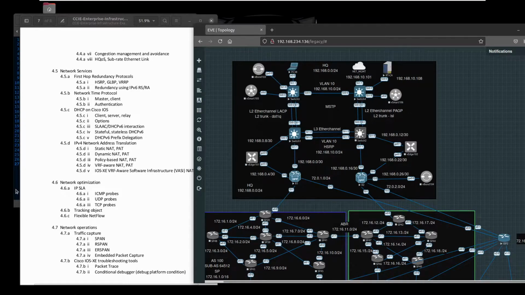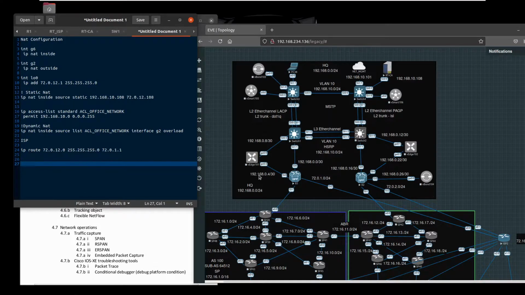To do that, I have to enable NAT on R1 because this internal network is not reachable to ISP, and this is what we normally have in a production scenario. The LAN interface would be hidden from the service provider and would be translated to a network that is known to the service provider. And this is what I'm going to do.